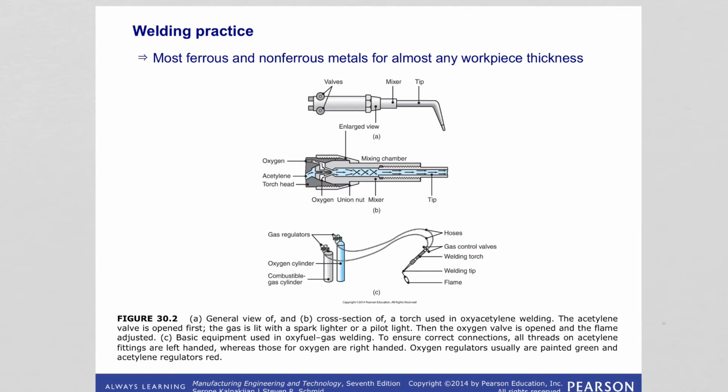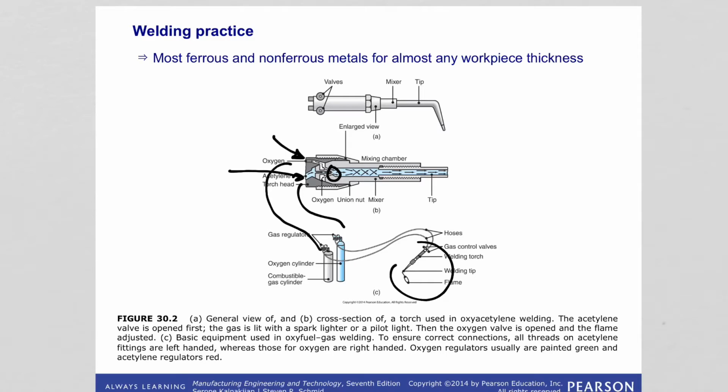And here you see the practice where in image A we are seeing the torch, and image B we are seeing within the torch there is oxygen flowing from here and acetylene flowing from here, and they combine here in the mixing chamber, and these are attached to the acetylene gas and oxygen gas tanks.